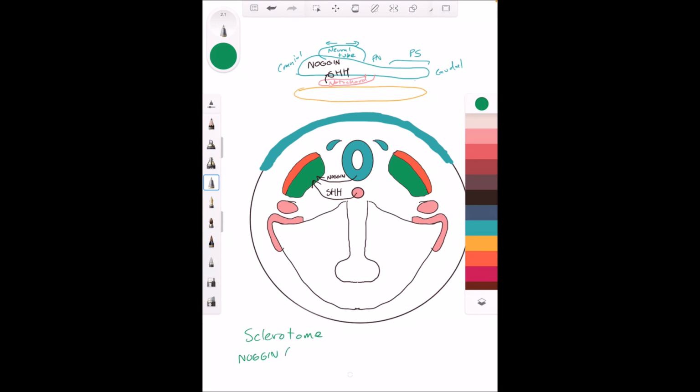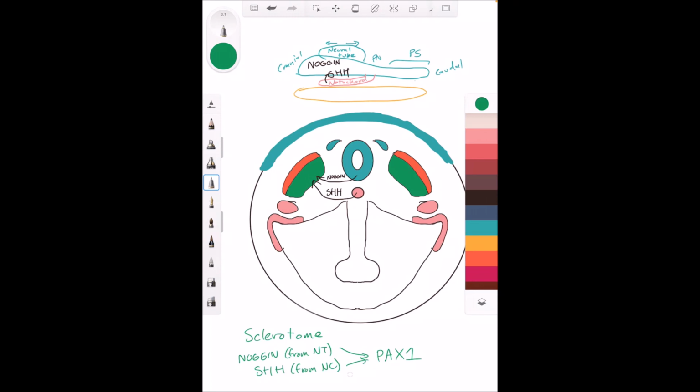And we're going to see another PAX protein in a second. But PAX1 is the transcription factor that makes sclerotome do its thing. So that's the pathway there.